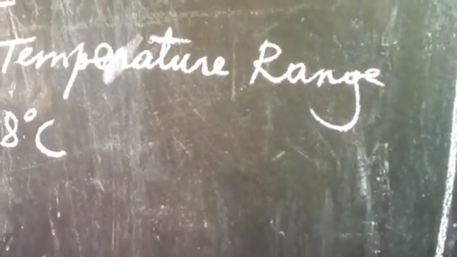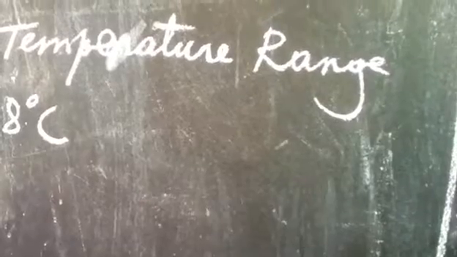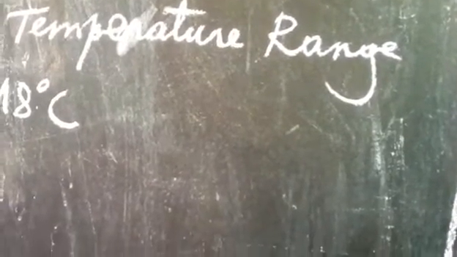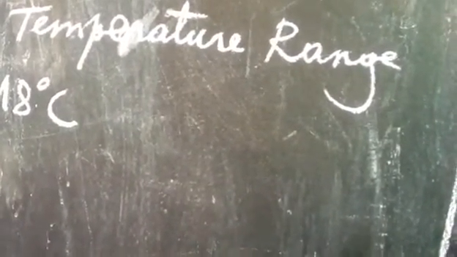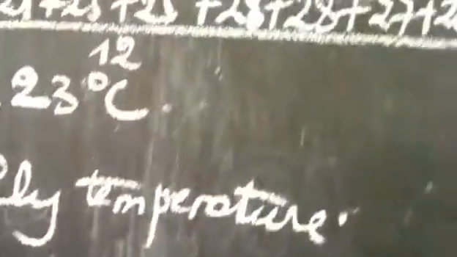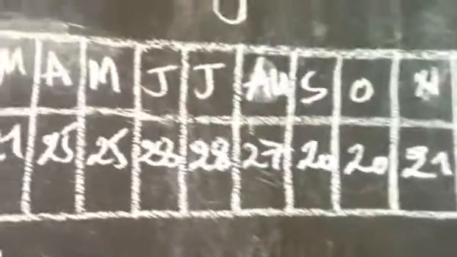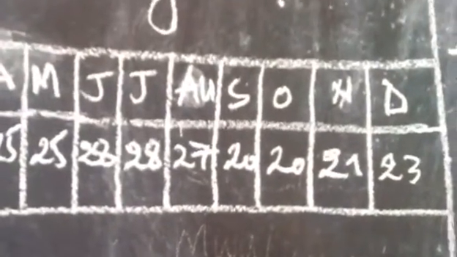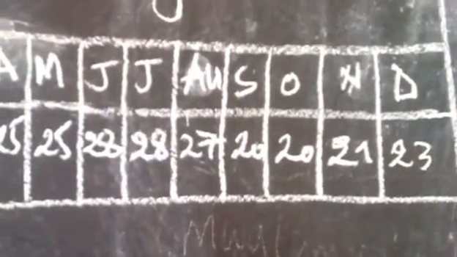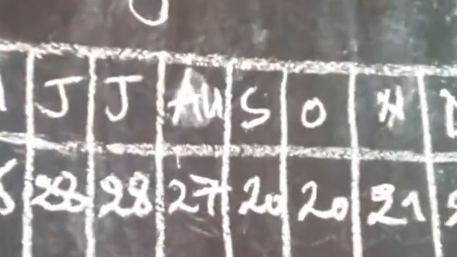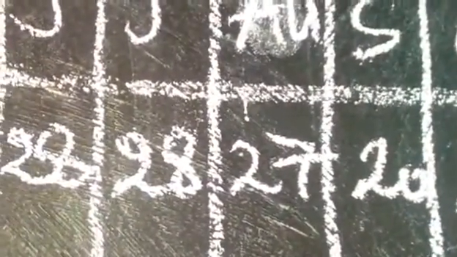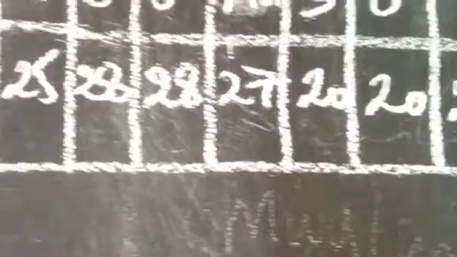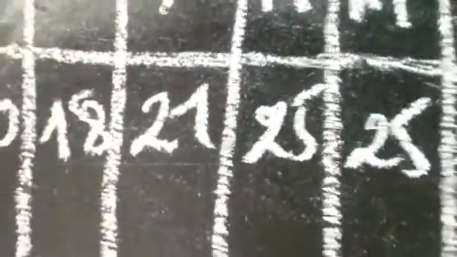When we are finding mean annual temperature range, we take the month of the highest temperature minus the month of the lowest temperature. That's why when you observe this table carefully, you will find that the month of the highest temperature has 28 degrees Celsius, while the month of the smallest temperature has 18 degrees Celsius.